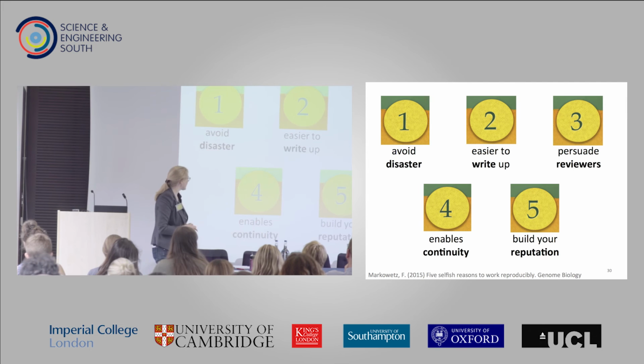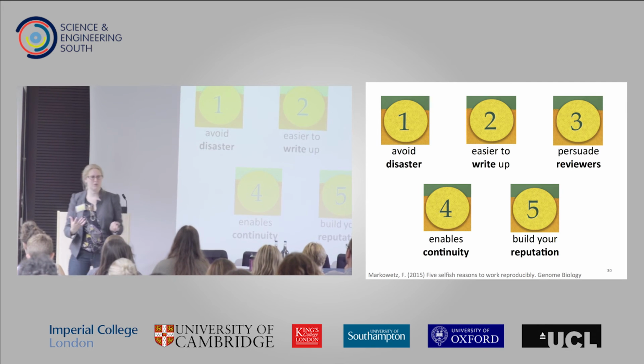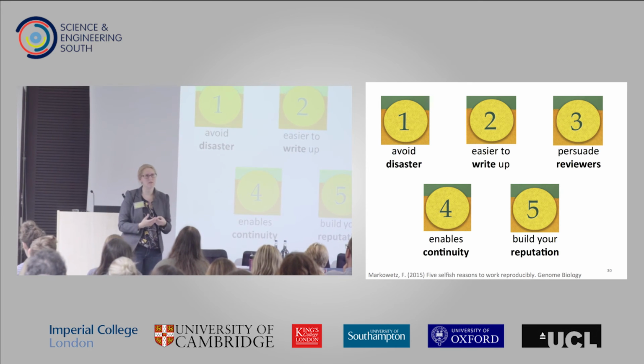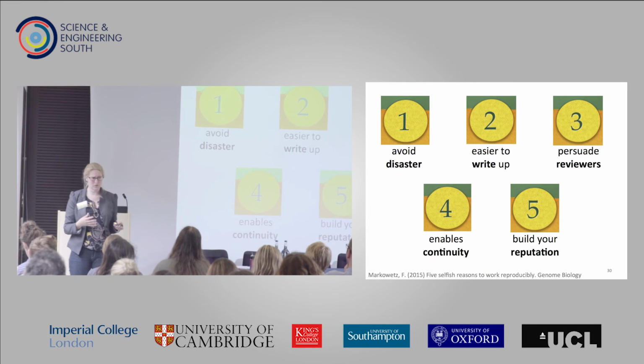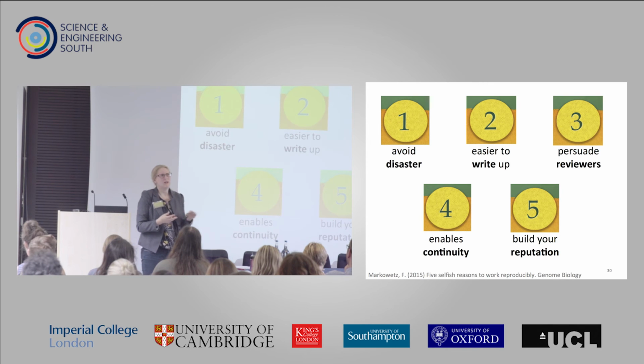And 5, I think that is actually really important. You build a reputation for working reproducibly and for trying to be transparent and not having anything to hide. So I'm pretty sure in my papers there are errors, because there are always errors somewhere, and data are never perfect, right?